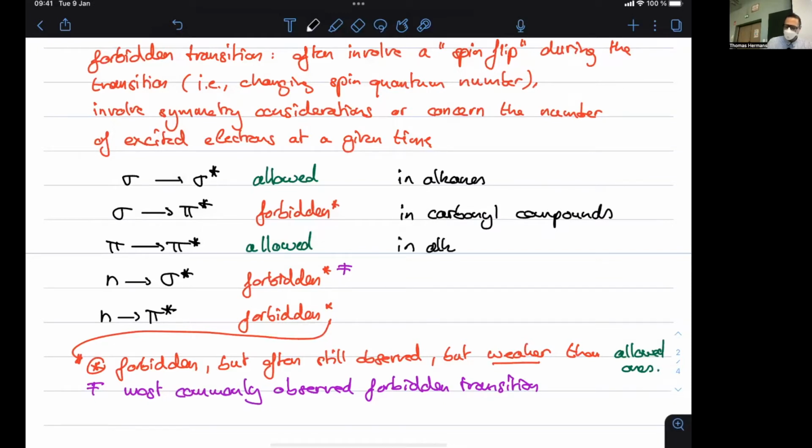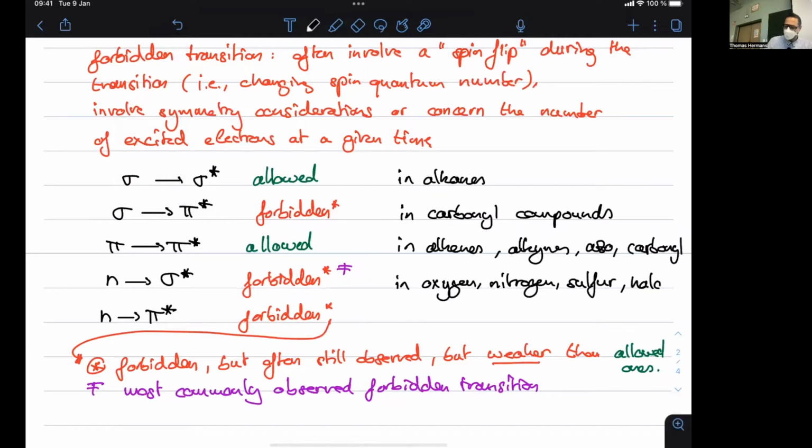In alkenes, alkynes, so double bonds, triple bond, azo compounds, and also in carbonyl. This one in oxygen, nitrogen, sulfur, and in halogens. And this one also in carbonyls.